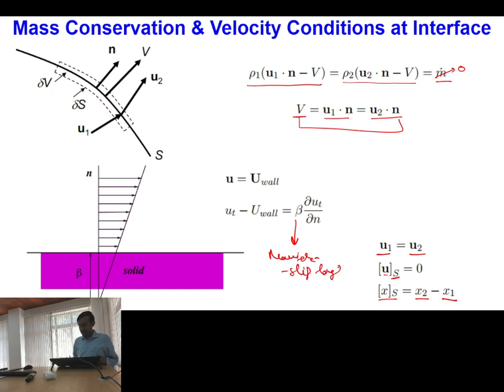This is the mathematical formulation which can be used for defining the tangential velocity at any boundary when slip is present in the system, and depending upon the gradient near the interface and this slip length, our actual tangential velocity will come within the fluid medium close to any wall or any interface. Okay, so this is all about the kinematic boundary conditions, because in terms of kinematic boundary conditions we need to define tangential as well as normal velocities at the interface for both the fluids.